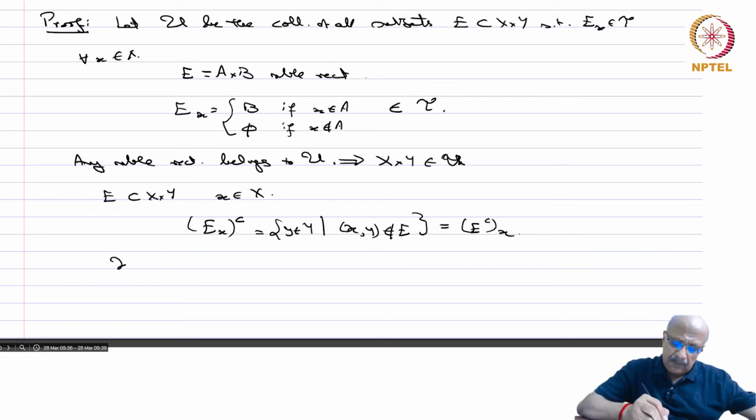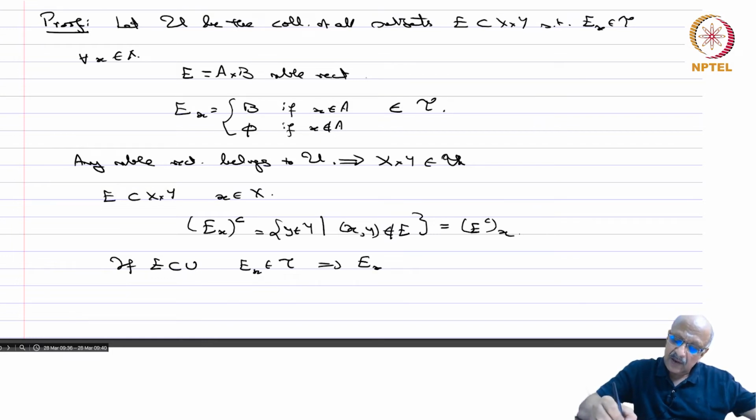So if E belongs to U, then E sub x will belong to T, which implies the complement of E sub x will belong to T, which implies (E complement) sub x belongs to T, and therefore this implies that E complement belongs to U.